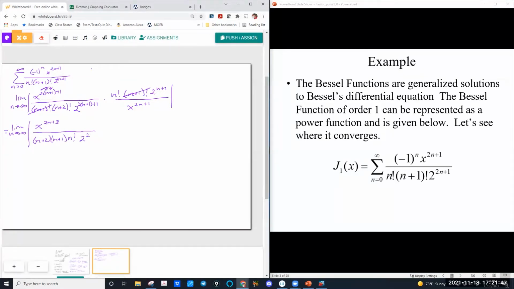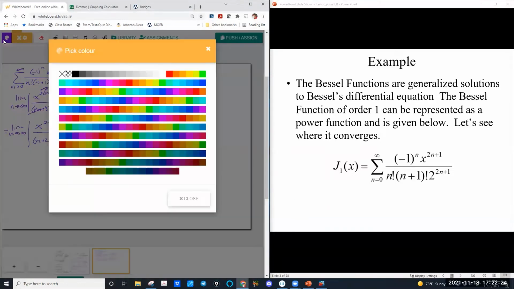This is 2 to the 2n plus 3. n factorial, 2, gosh, I forgot to write the 2 there, I'm sorry. 2 to the 2n plus 1 over x to the 2n plus 1. Okay, very obvious cancel on the n factorials, great. These are going to have some canceling because we have the same base. But I just want to show you how the canceling is going to work out. Let's just do it off to the side here.